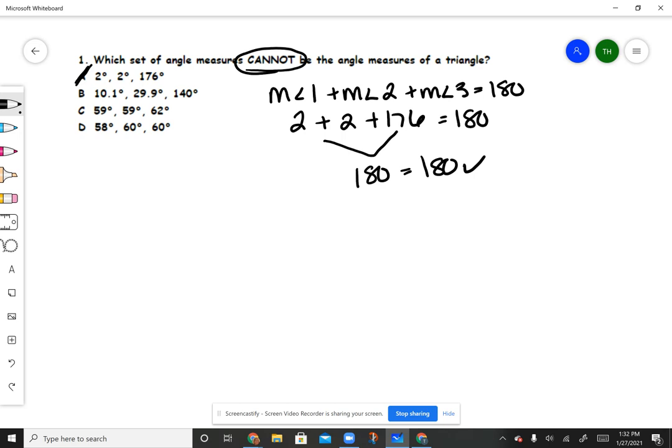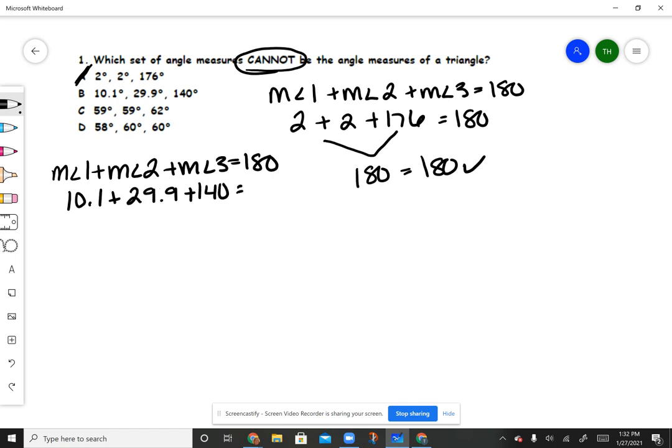Okay, I'm going to do the same thing to B. Measure of angle 1 plus the measure of angle 2 plus the measure of angle 3 equals 180. We have 10.1 plus 29.9 plus 140 equals 180. I'm going to add these together first.